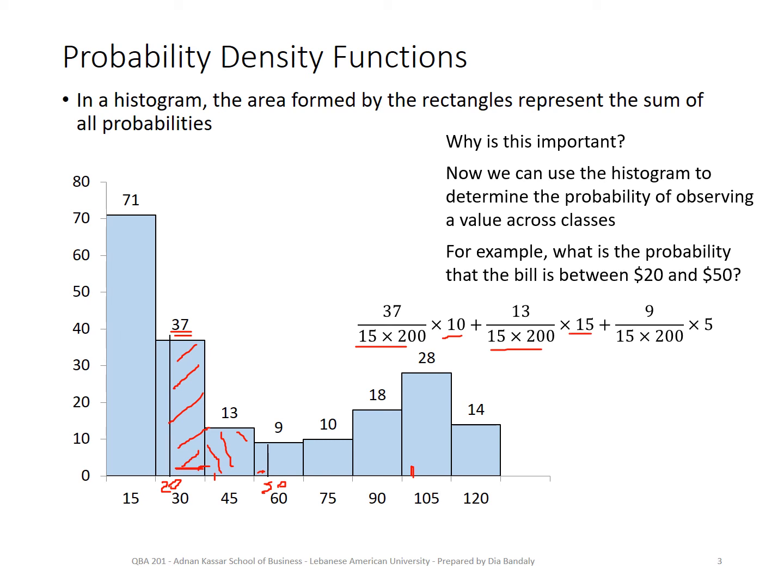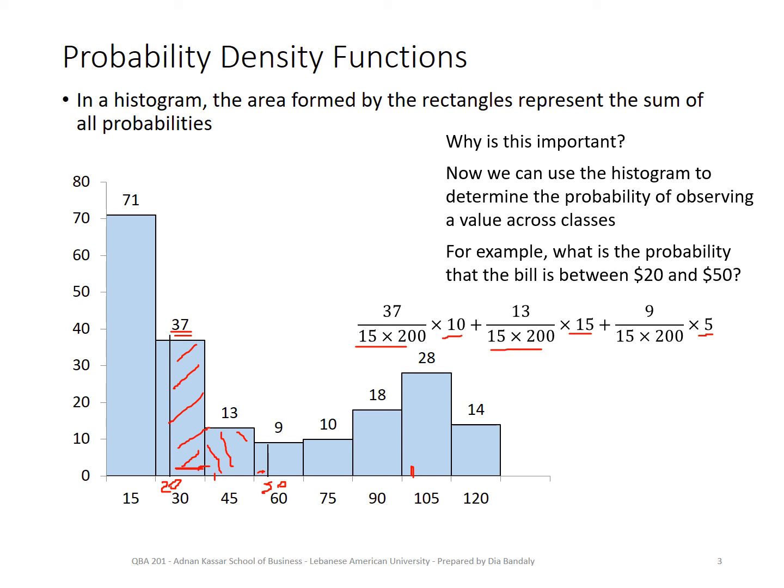And then the last part is only a portion of the fourth column. The height is 9, and the base is only 5, between 45 and 50.